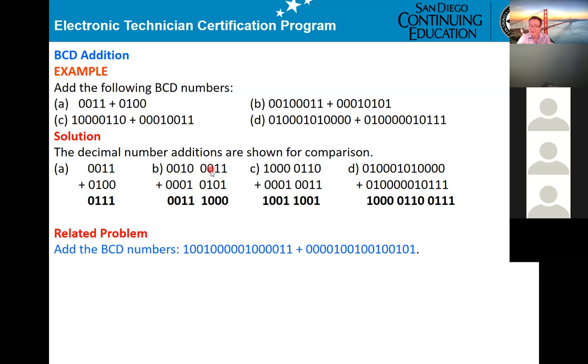Now, 1 adding to 0, you get 1. 1 adding to 1, you get 0. Carry 1. 1 adding to 0, you get 1. 1 adding to 0, you get 1. Okay? And the second one, 0 adding to 1, you get 1. 1 adding 0, you get 1.